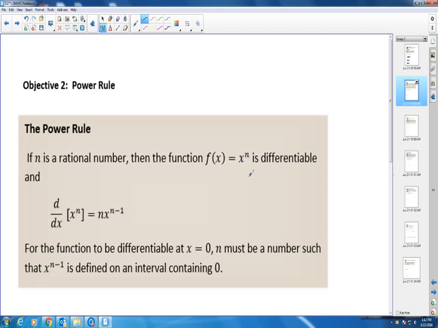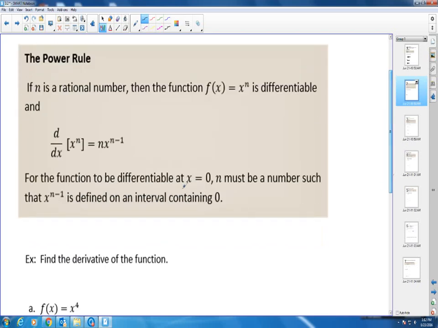If n is a rational number and x to the n is differentiable, the derivative of x to the n will equal n times x to the n minus 1 power. That means I will bring the exponent to the front of my variable and then subtract 1 from my exponent.